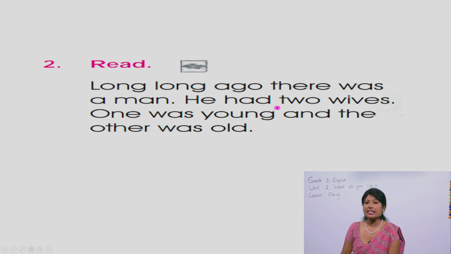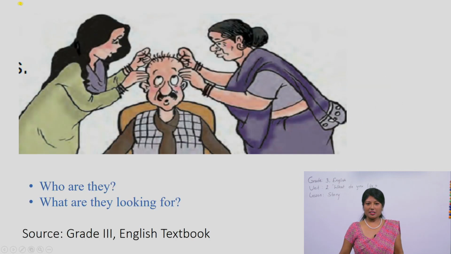Then he had two wives. Wife, W-I-F-E, wife. And when we make it plural, more than one, then it becomes wives. Alright? One was young and the other was old. Oh, we got it now. So the man in the center is the husband of these two women.